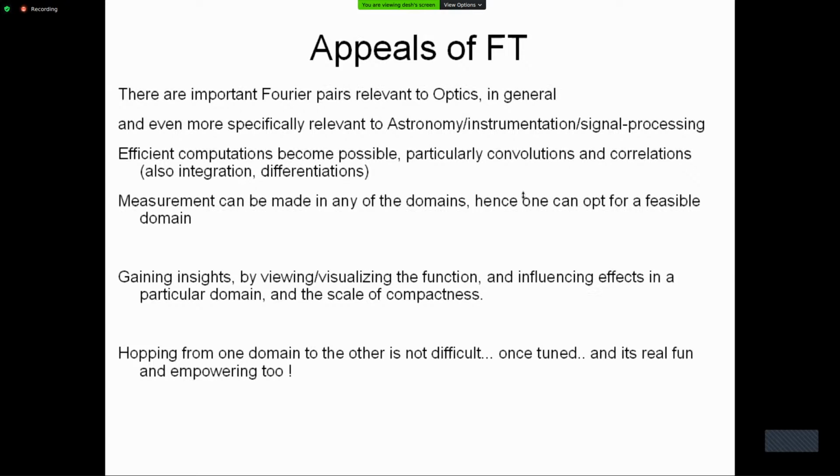And most importantly, in each one of the domains the function might have different spreads. You might have a simple sinusoid going from one end to the other of the span you are looking at. There might be a superposition of certain sinusoids, and it will be very difficult to make out what exactly is contributing, even if there are a finite number of them. Whereas when you go to the Fourier domain, you get that described in a more compact fashion.